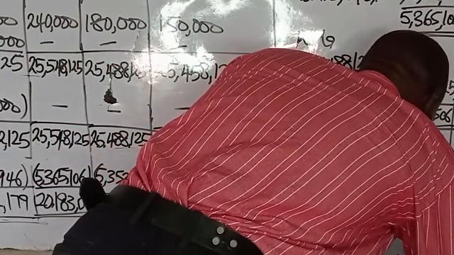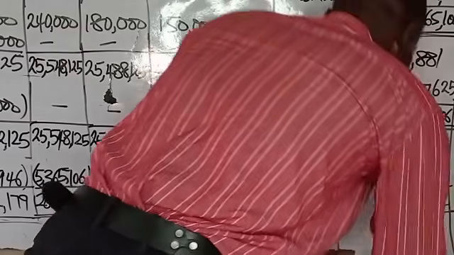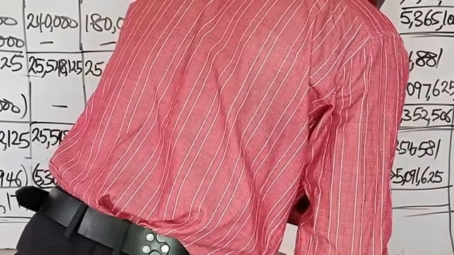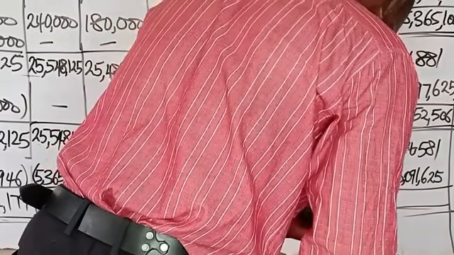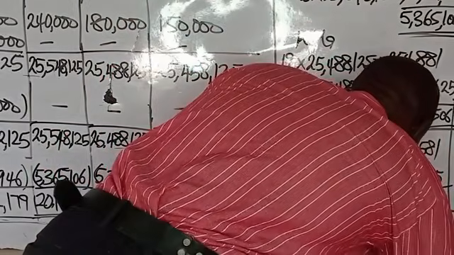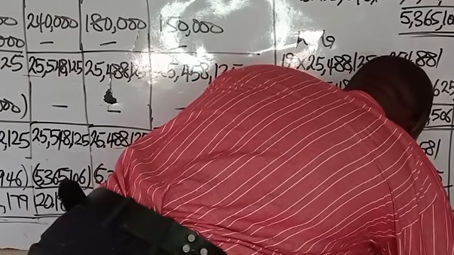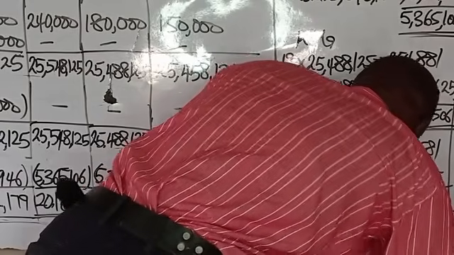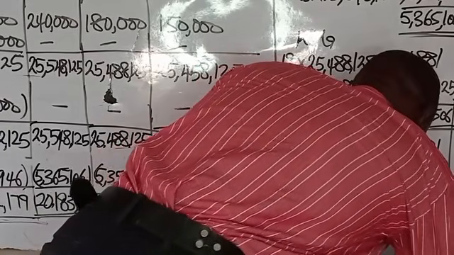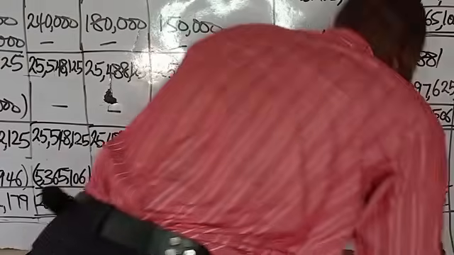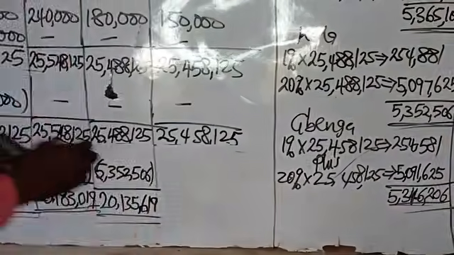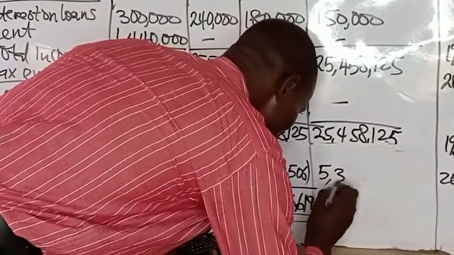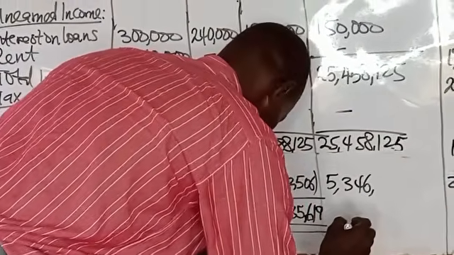5,091,625. Then if you add it to this 254,581, then you have 5 million 346,206.